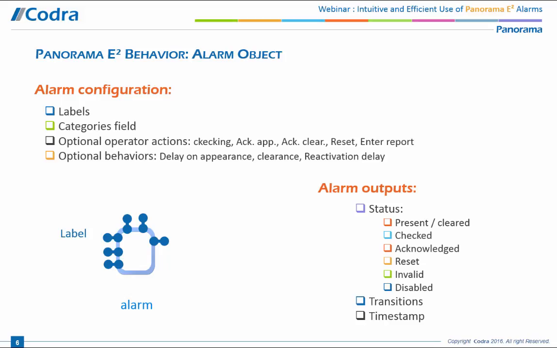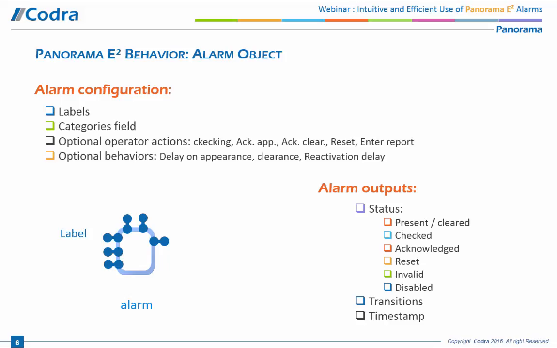Everything can be stored in a database for further analysis. You may add optional behaviors, for an alarm which is too long to disappear after the operator has already acted. You can set a reactivation delay on the alarm to cancel the operator action and place the alarm back to the top of the alarm list.